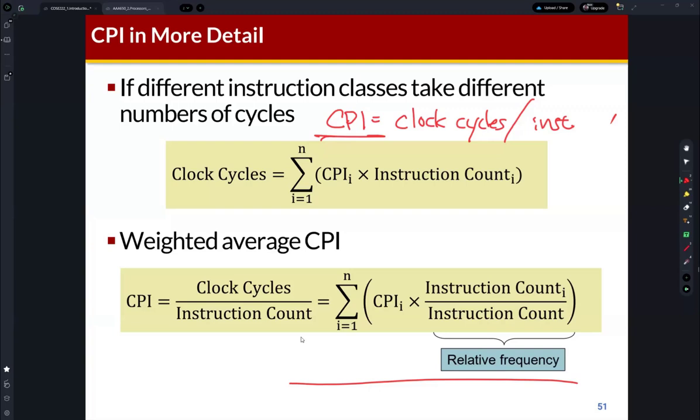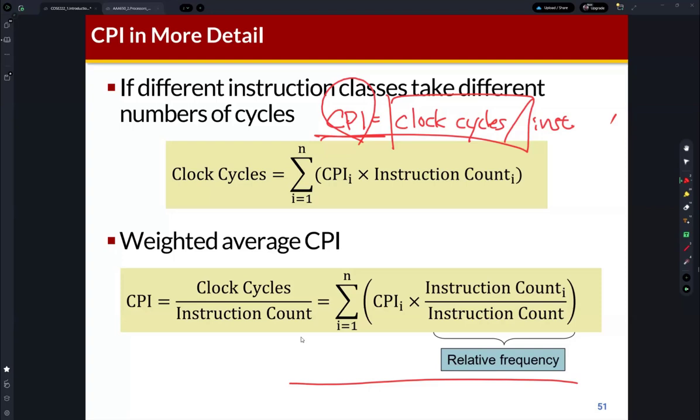Obviously, we can count the clock cycles, and then divide the clock cycles by the number of instructions. It's elementary mathematics, it's just the definition.